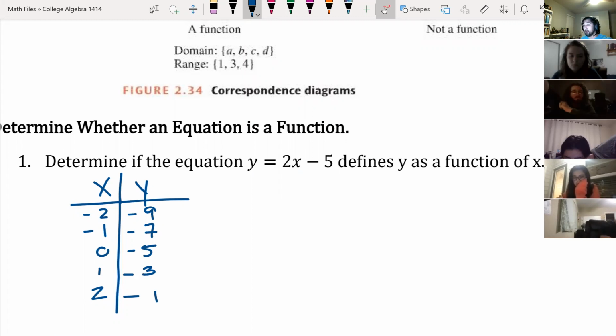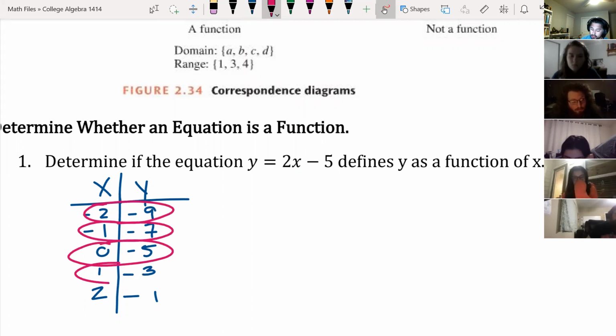So what we see now, based on my XY chart that I have created, is that every X value has its own y value. You do not see an x value that has two y values. So this can also determine that this is a function.